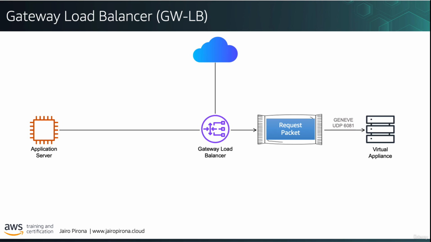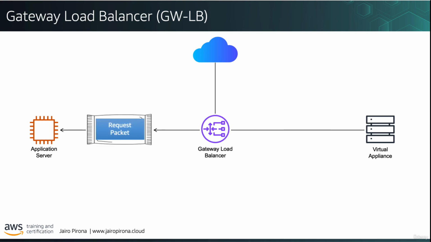The virtual network appliance decapsulates the packet, that is, removes the wrapper, and sees the packet as it was sent by the user, which, as you can imagine, is crucial for inspection. The virtual network appliance then re-encapsulates the packet and forwards it to the gateway load balancer. The gateway load balancer decapsulates the packet and forwards it to the application server, which is the actual destination.